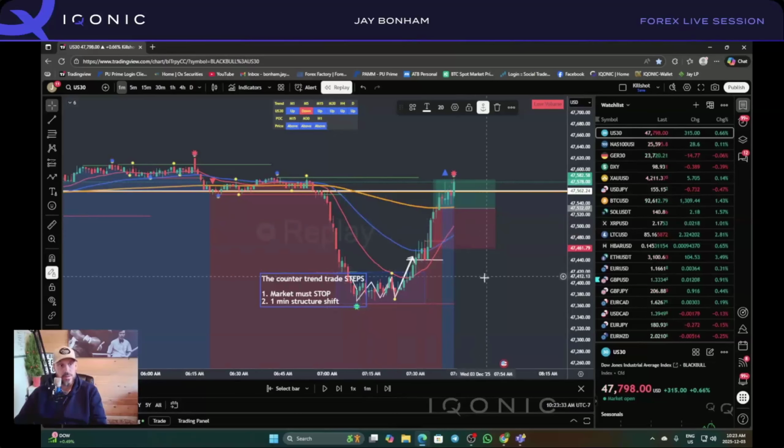Lower lows, lower highs. That means your structure is going down. This pushes up, breaks a bunch of structure, pulls back, creates its higher low, hits all the way here, creates another higher low. Eventually, ends its move up here and has a bigger pullback. But the structure must shift to the direction you want to go. It must shift from down to the counter move you want.